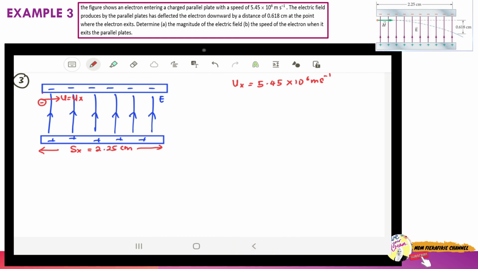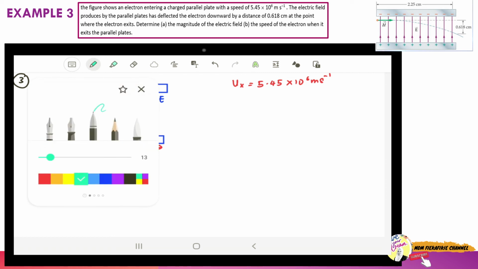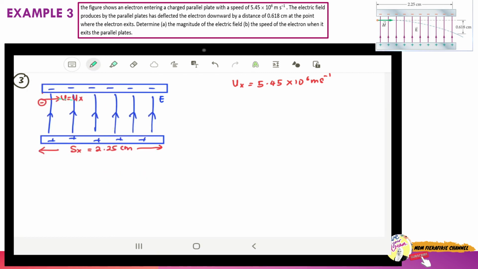What else? The question states that the electric field produced by the parallel plates has deflected the electron downward by a distance of 0.618 centimeter at the point where the electron exits. So this is the path of the motion of the electron. When the electron enters the field, there is the electrostatic force which is downward.